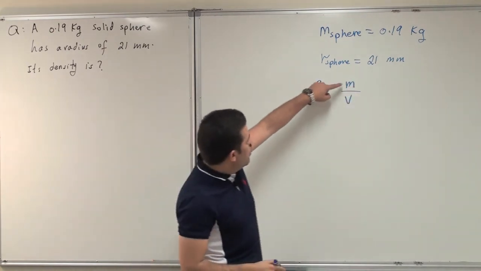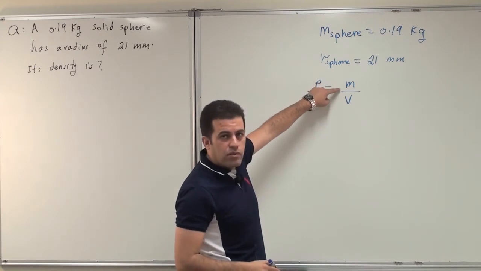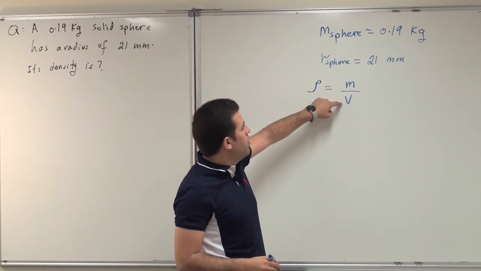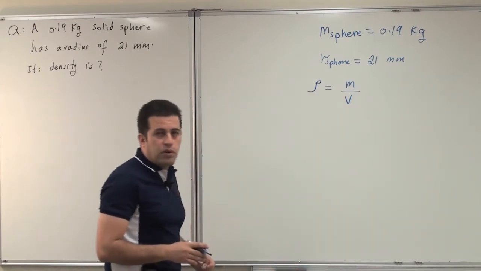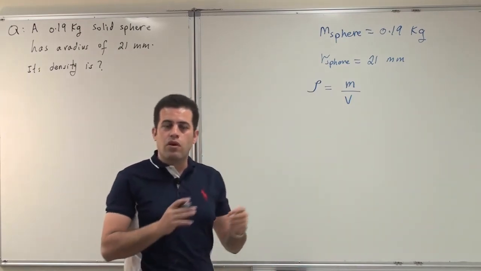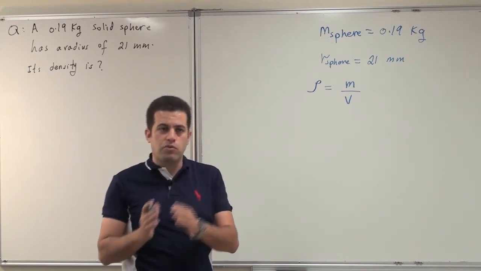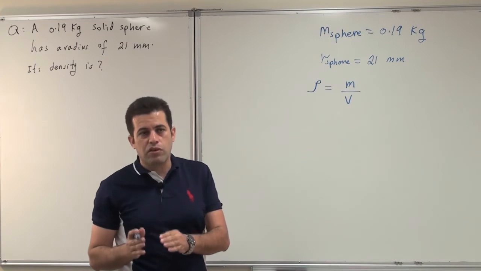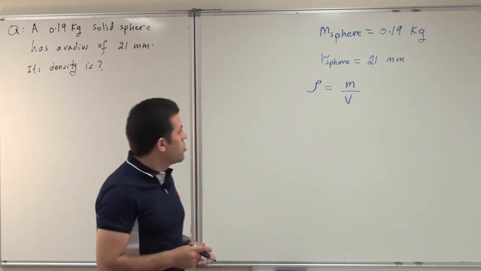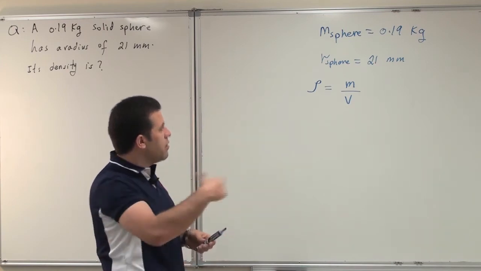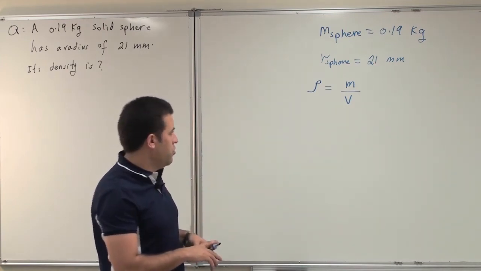The mass here is given already in kilograms, but the volume I need to find, and the dimensions for the volume are given in millimeters. Remember, I cannot mix kilograms with millimeters. I can only use kilograms with meters or centimeters with grams. So basically, I need to convert this radius and then the volume into meter cubes.